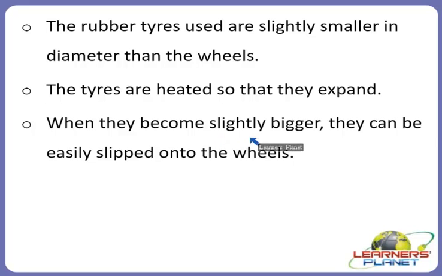And when they become slightly bigger, they can be easily slipped onto the wheels. And when the tires cool, they contract back to their original size and they press tightly onto the wheels and cannot come off.